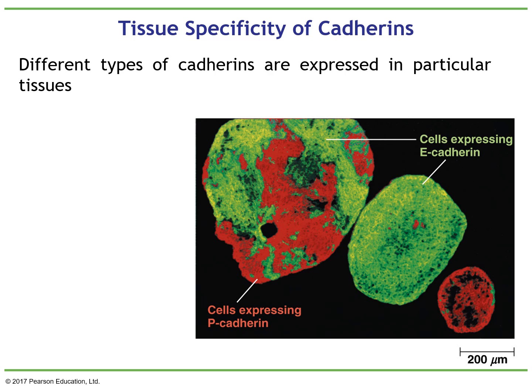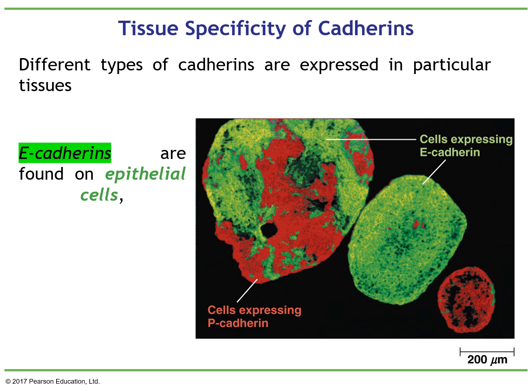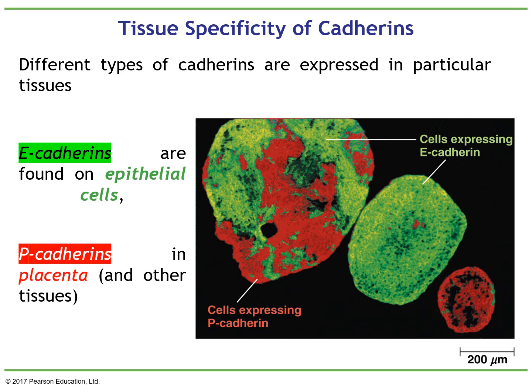So they have different stickiness. So later during development, they will separate. They will self-organize. They will not be attached to each other in the correct way. Of course the E-cadherins are the epithelial cadherins, and the P-cadherins are the placental cadherins.